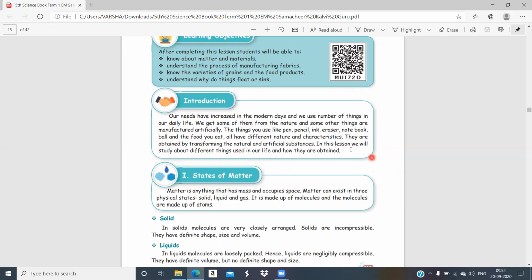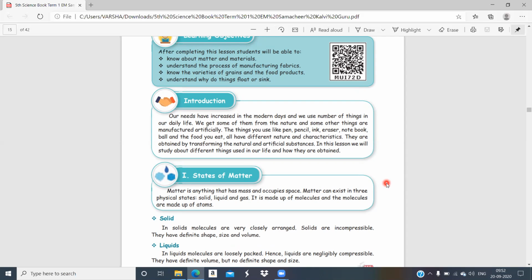Natural means what nature has, artificial means man-made things, like the pen, pencil, eraser, ink, notebook, ball, and the food we eat, that is also nature's things, and also man-made things.